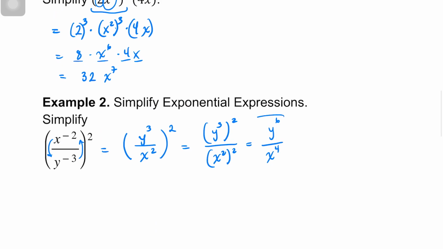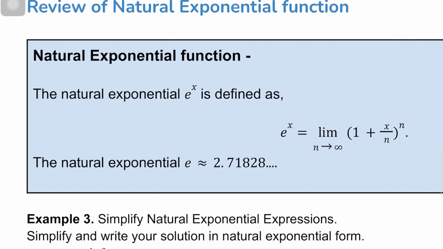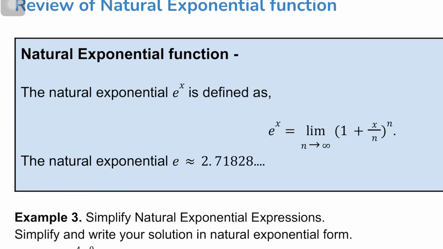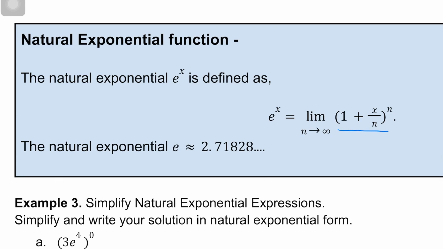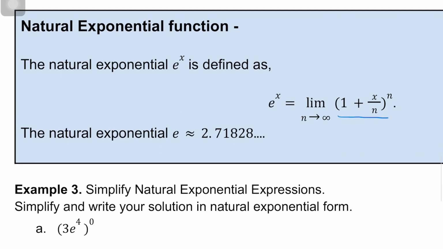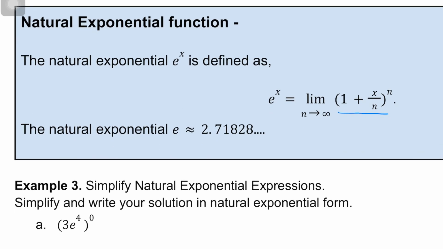The next one, we're going to talk about the natural exponential function. The natural exponential function comes from the idea of taking the limit of this function right here as n goes to infinity. This ends up being a special type of value, which gives us the e value, this natural exponential. This actually has a specific value.